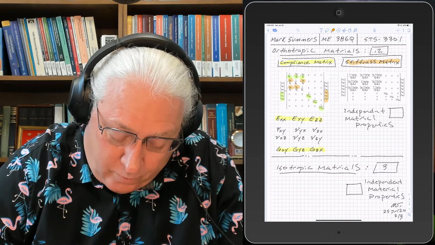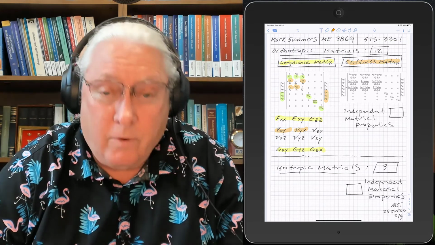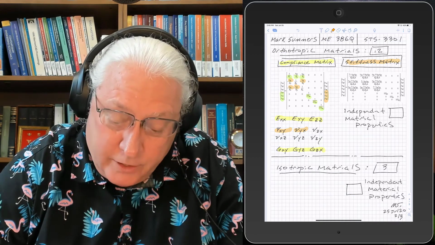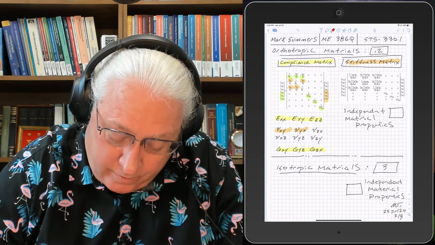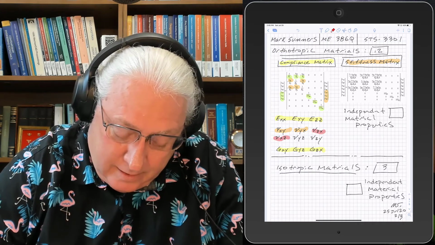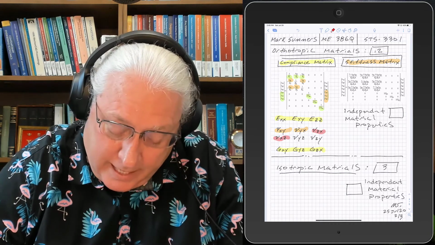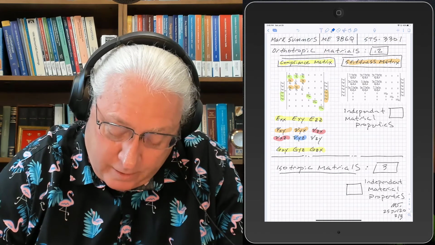So it turns out that the Poisson ratio xy is equal to Poisson ratio yx, and so those are really just one parameter. And same thing with Poisson ratio zx and xz, I think I got those right. And then one more pair down here, these are equal.